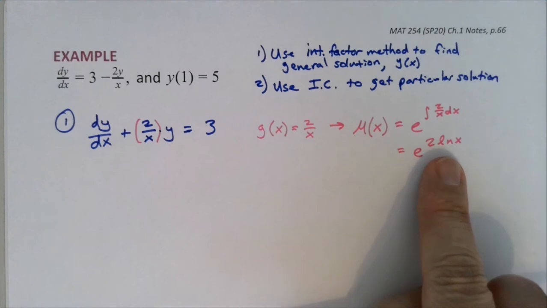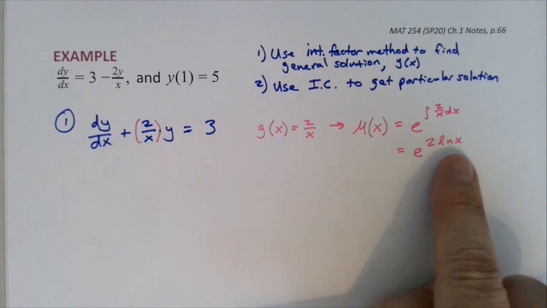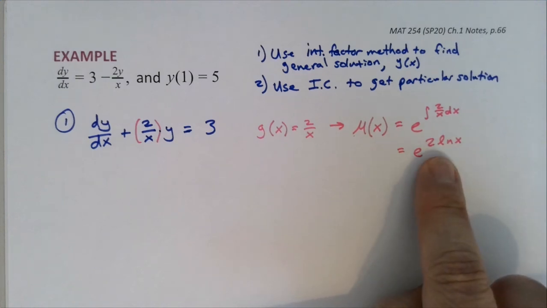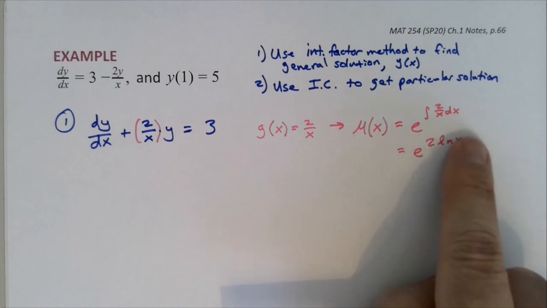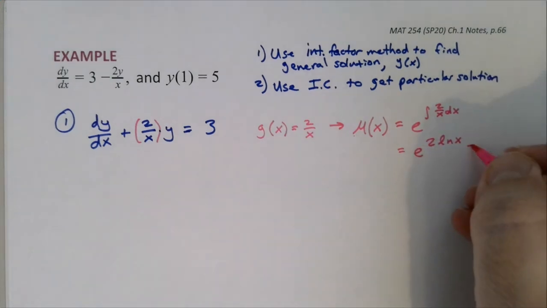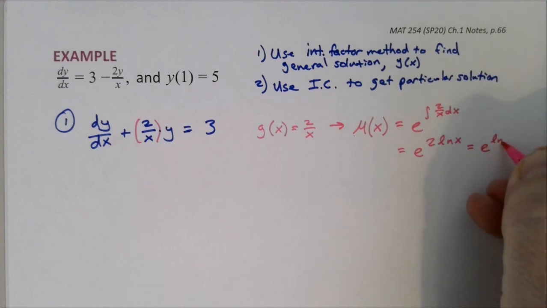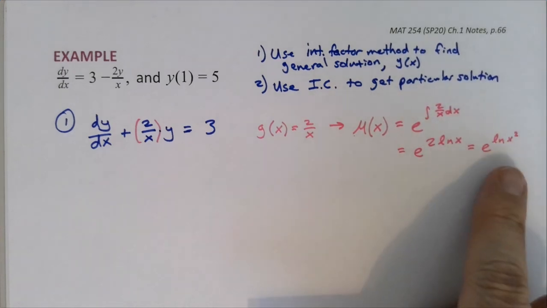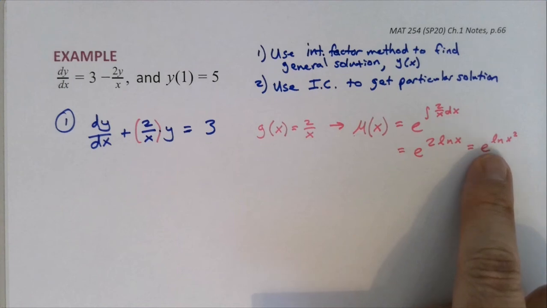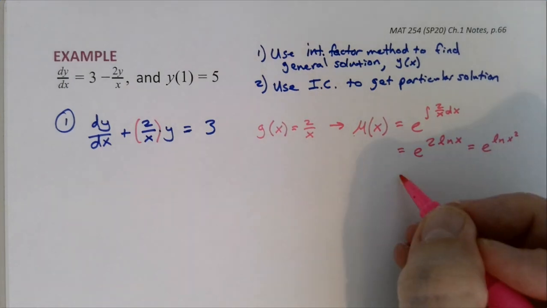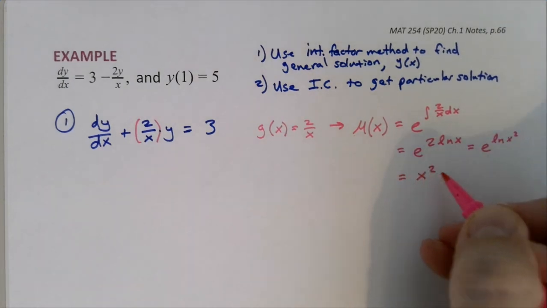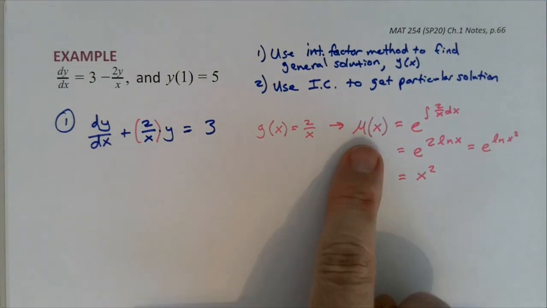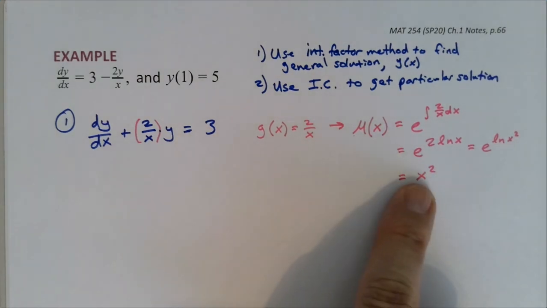Now I'd love to say that this is the same thing as 2x, but that's not the way e and natural log work like that. So I have to pull that 2 inside and make it e to the natural log of x squared before I can use my exponent and logarithm trick. That's the same thing as x squared. So it turns out my integrating factor is x squared.